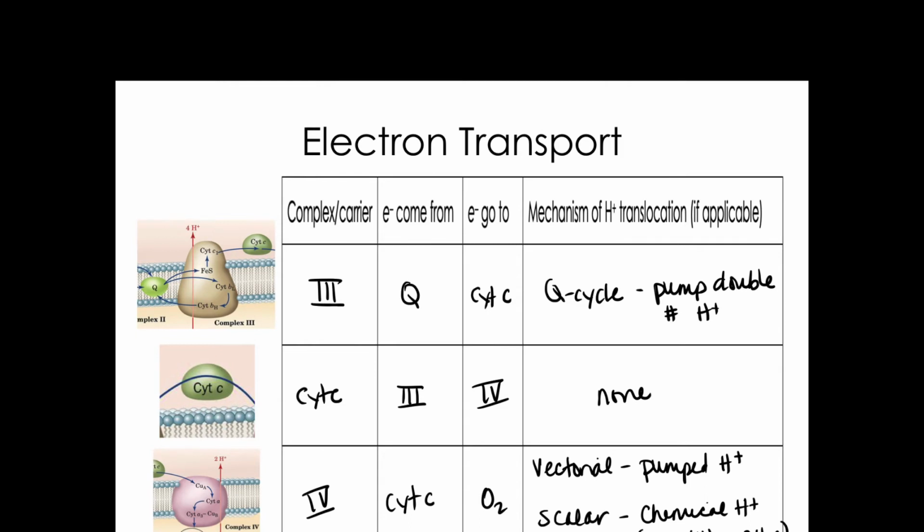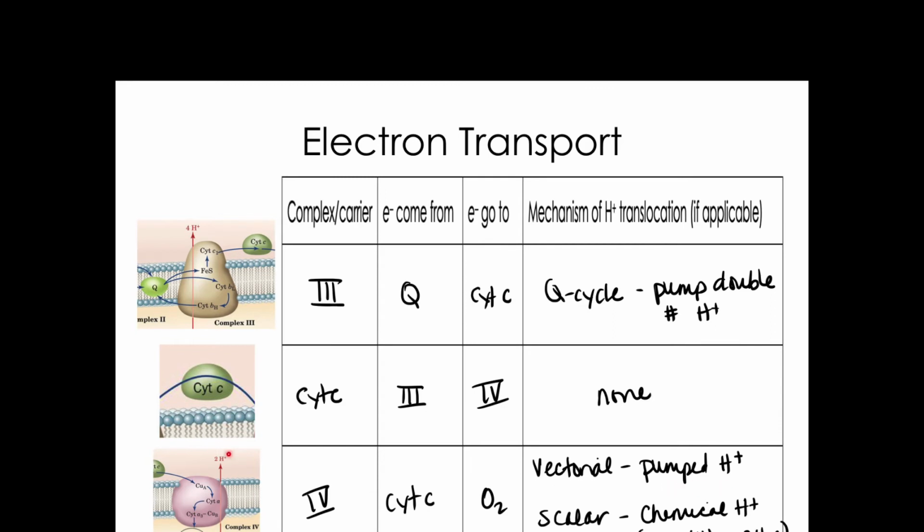So again, cytochrome C here as a mobile carrier takes electrons from complex 3, delivers them to complex 4, so there's no proton translocation that happens here. And then finally in complex 4, we have electrons that come in from cytochrome C, and they're going to ultimately be delivered to molecular oxygen. What's unique about this complex, and we've already highlighted it on a few other slides, is we do have the movement of protons, and we call those vectorial or pumped protons.